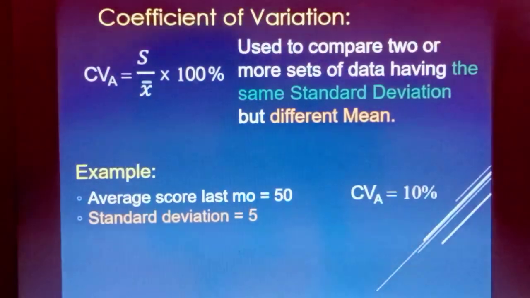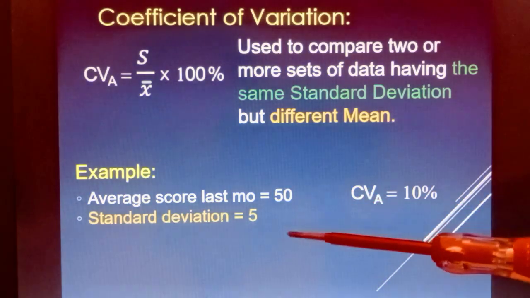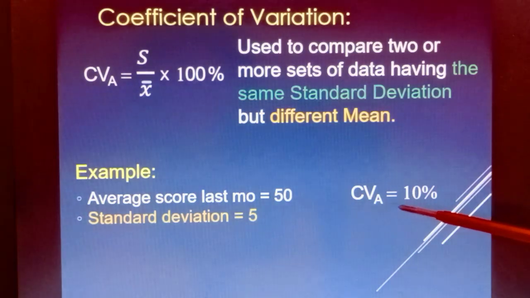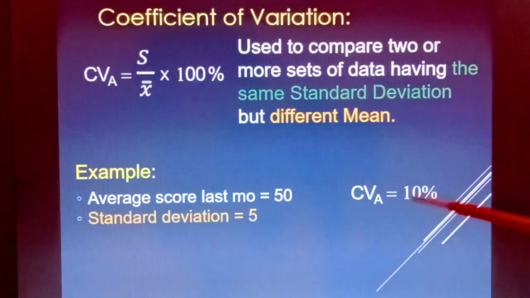So example 1, we have a mean of 50 and a standard deviation of 5. So the coefficient of variation is equal to 5 divided by 50, which is 10%.